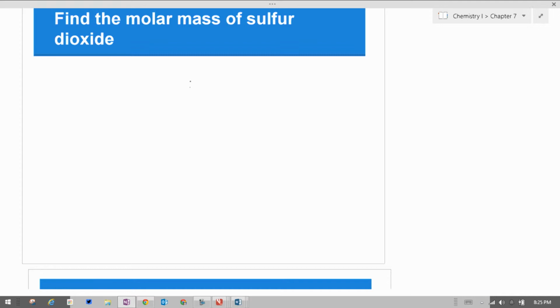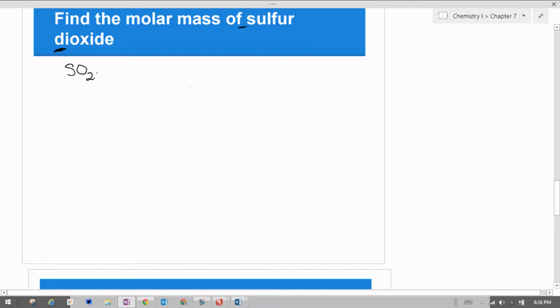What I notice about this name, sulfur dioxide, is that di is the prefix for 2, and immediately I know that I am dealing with a prefixes compound. And I notice there is nothing in front of the sulfur, and I know that little rule that says if the first one is 1, we don't use anything. So my compound in this case is SO2.